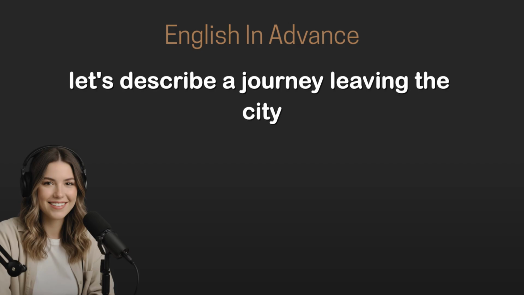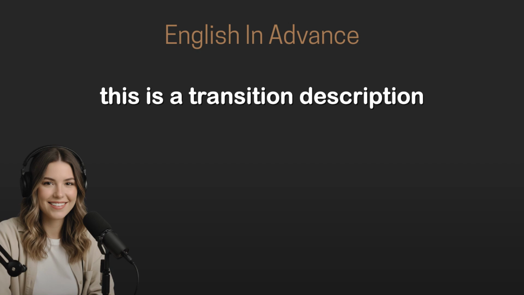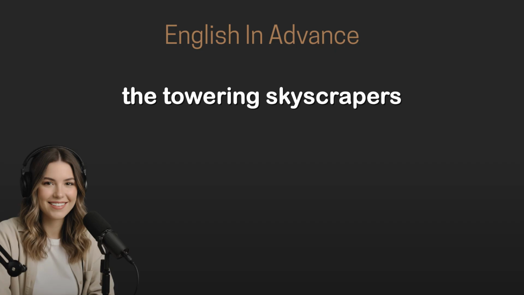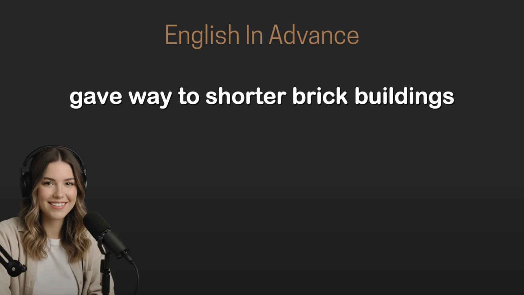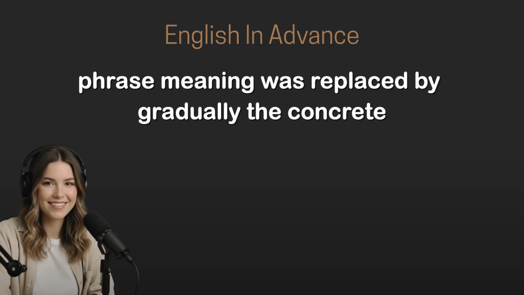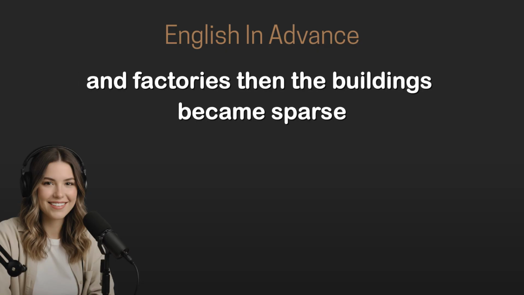Let's describe a journey leaving the city and entering the countryside. This is a transition description. As the train pulled out of the station, the towering skyscrapers gave way to shorter brick buildings. Gave way to is a beautiful phrase, meaning was replaced by. Gradually, the concrete jungle was replaced by industrial warehouses and factories.